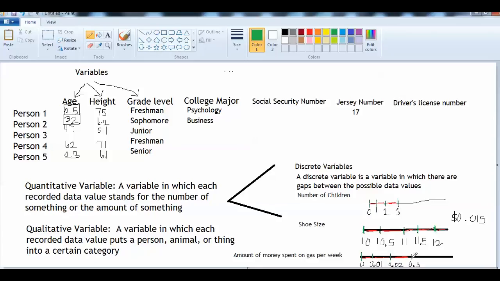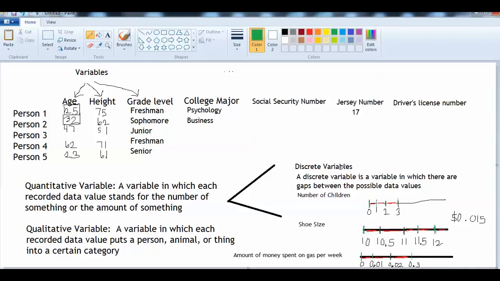Amount of money spent on anything, like amount of money spent on food per week, would also work the same way.